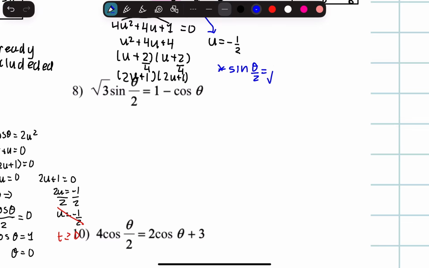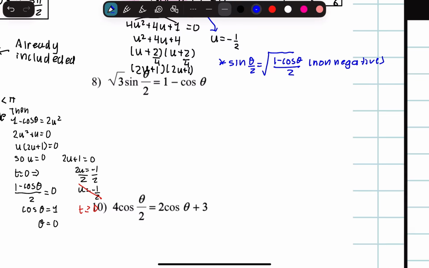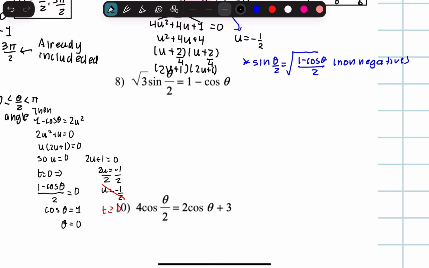This is going to equal the square root of 1 minus cosine of theta divided by 2, and that's going to be non-negative, it's going to be positive. So now we can rewrite this as root 3 times 1 minus cosine theta, divided by 2, equal to 1 minus cosine of theta.